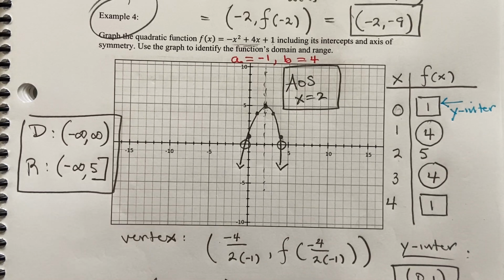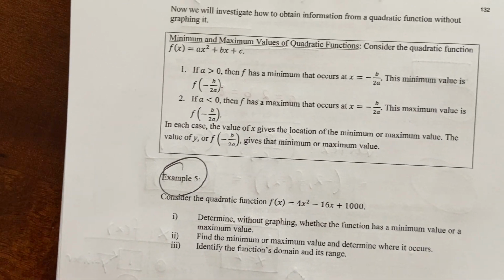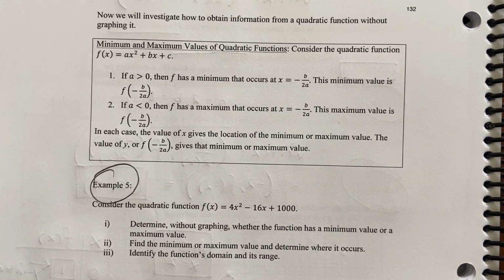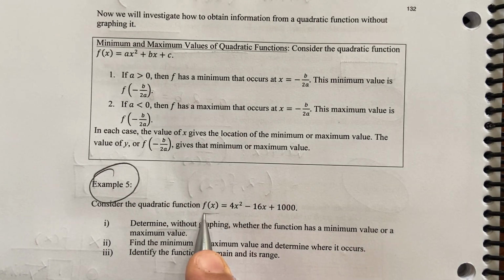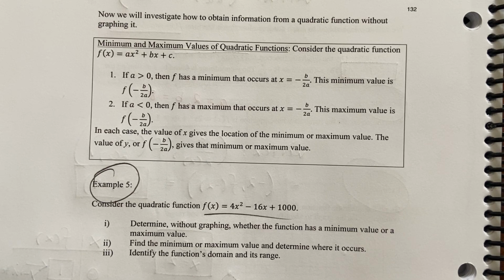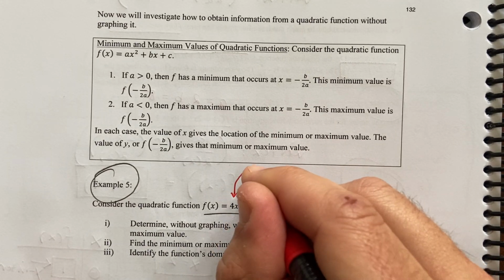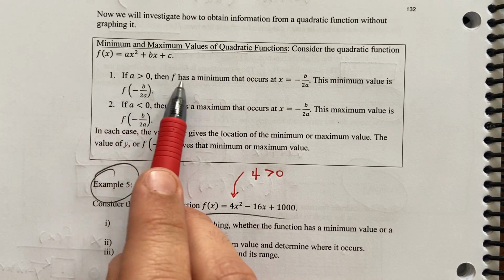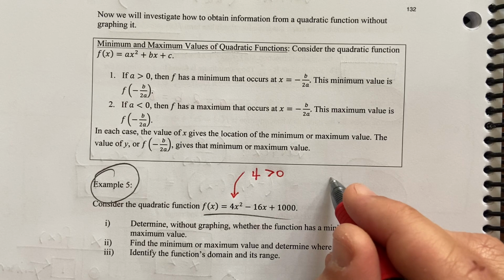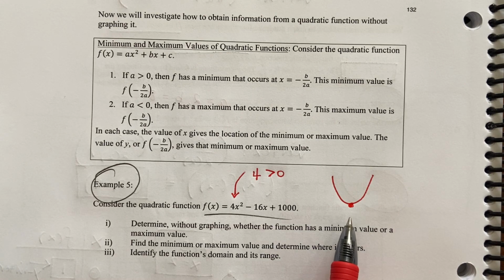All right, so I'm going on to page 132. Here's some information about minimum and maximum values. You can learn things just right up front, even from this function. Based on this value, that 4 right there, 4 is greater than 0, which means we're in this a greater than 0 case, which means that this thing is opening up, and therefore there will be a minimum associated with the vertex.